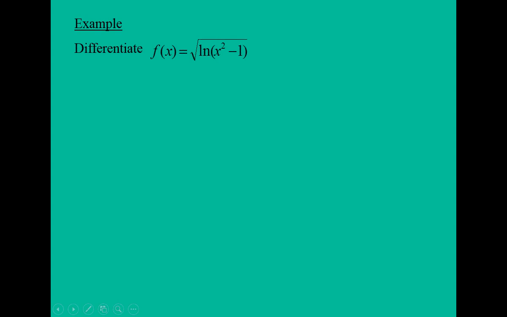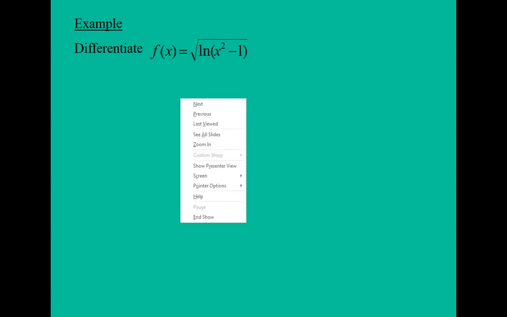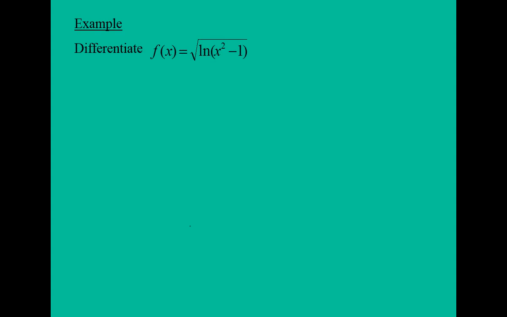Okay, differentiate. Now here, it appears we have the composition of three functions. However, I'm going to still write this as our inside function, g of x. I'm just going to identify that as ln of x squared minus 1.